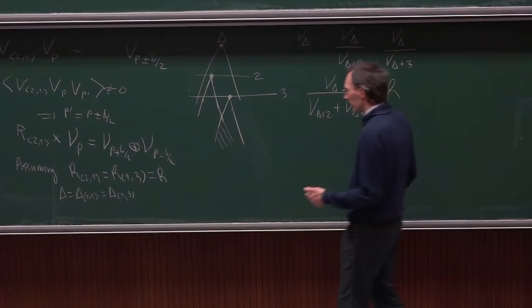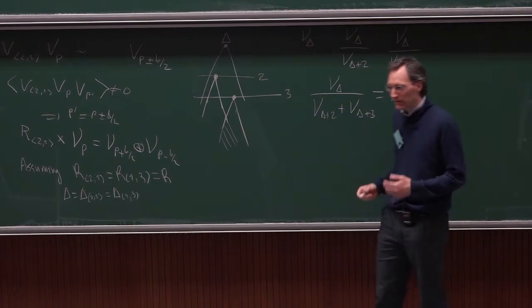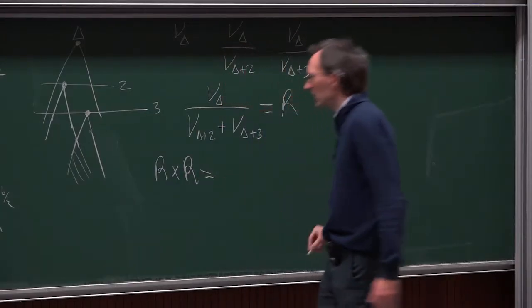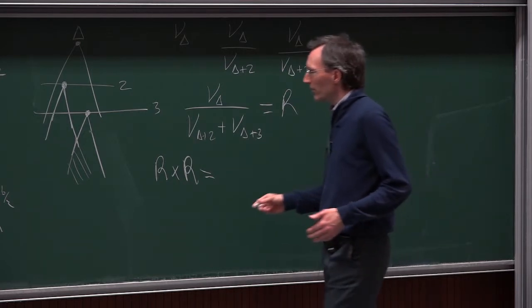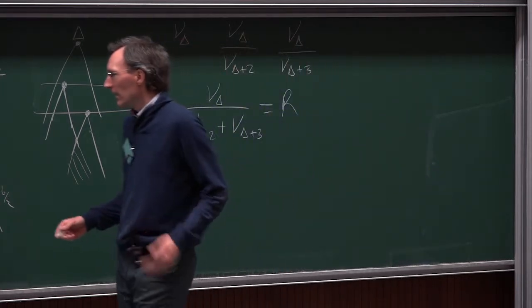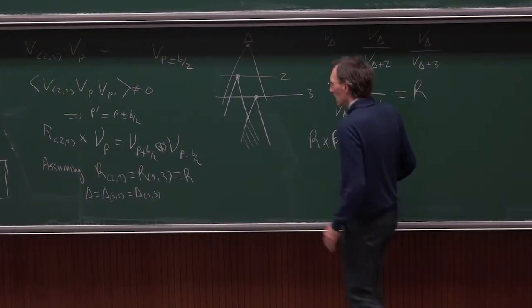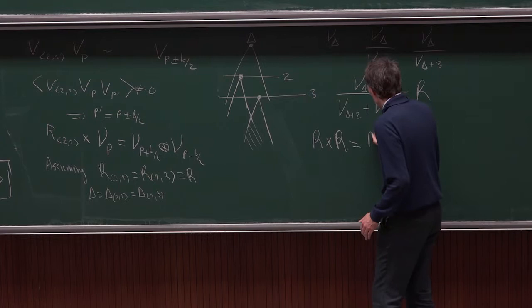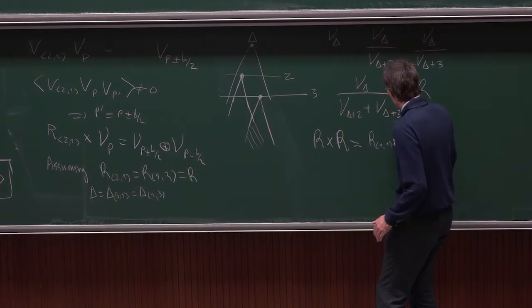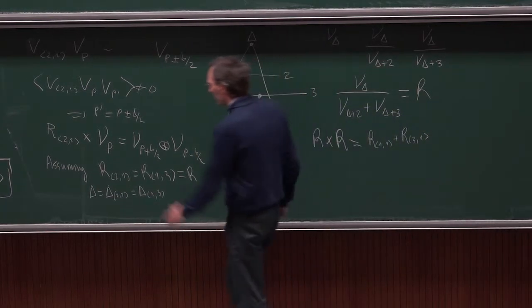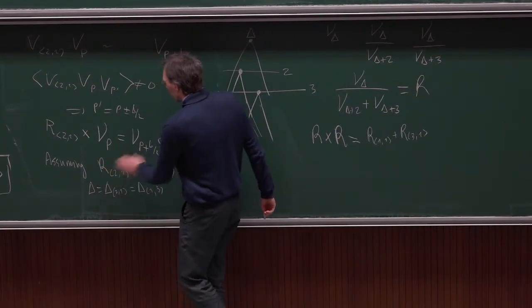And if the two null vectors vanish, it means that when I do fusion of R with itself, I need to obey the constraints from each one of these null vectors. The constraints from the first null vector give me that R times R should be R11 plus R31. That's what I would obtain in general from fusion of this R21 with itself.